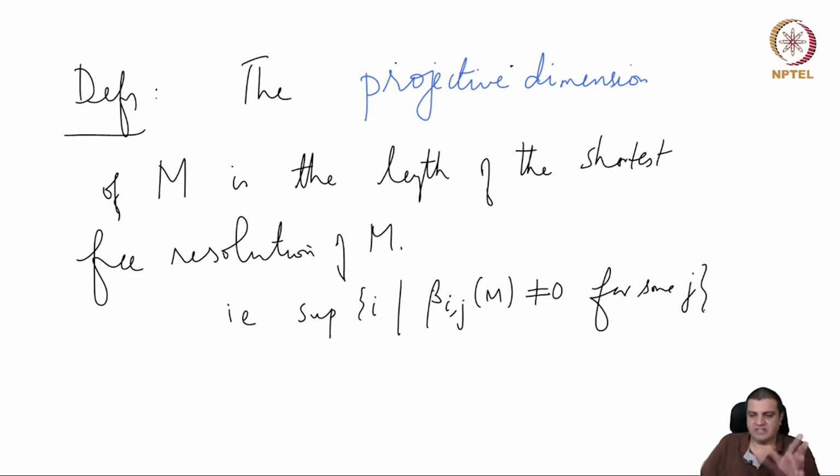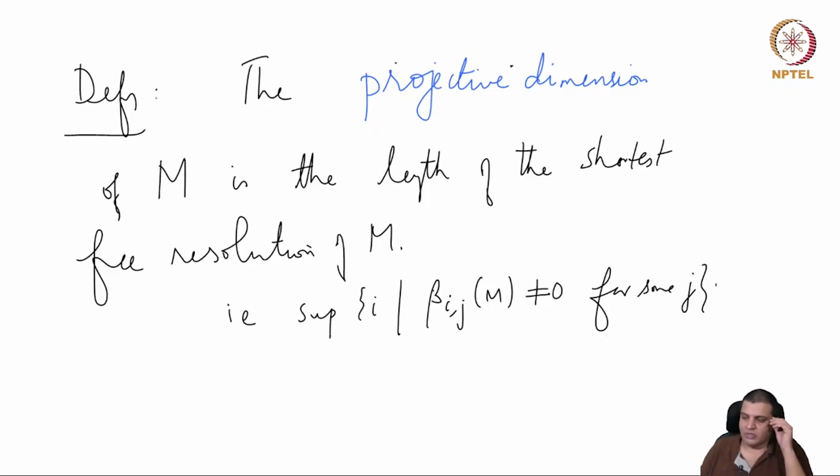Okay. The definition can go for any ring, Noetherian or non-Noetherian. It doesn't really matter, but for arbitrary graded rings, we will have to allow for a supremum. For polynomial rings, the supremum can be replaced by a maximum, because Hilbert's syzygy theorem says it cannot go beyond n. Okay.